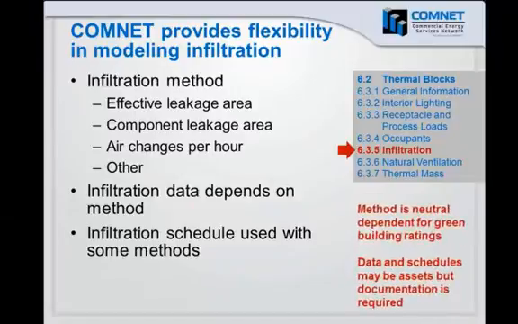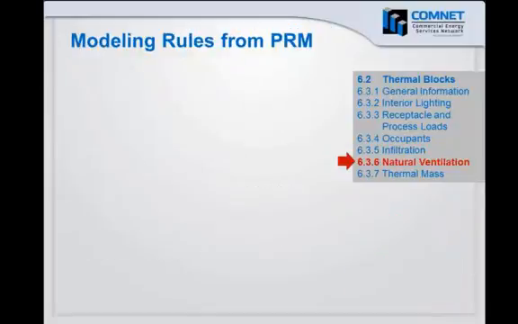With green building ratings, the method is neutral and dependent, so you can use any method you want to model infiltration, and you can specify different data or different schedules for the rated building and the baseline building.